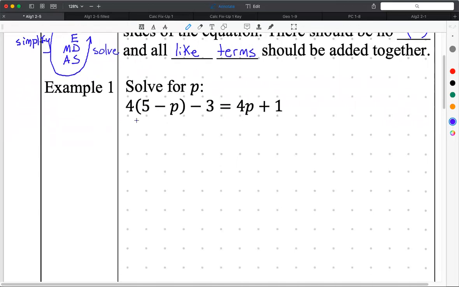It's 4 times 5 and 4 times P. 4 times 5 equals 20, and 4 times P equals negative 4P, or minus 4P. Yeah, cool, thank you. I'll go ahead and rewrite the rest of the equation. So minus 3 equals 4P plus 1.